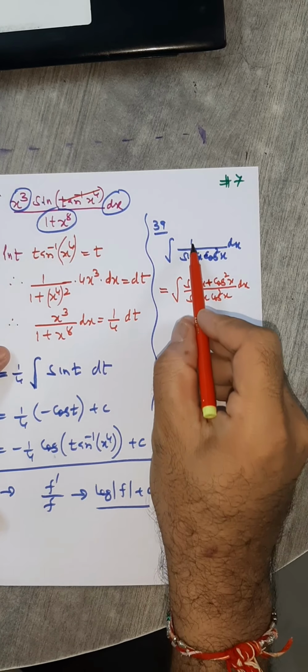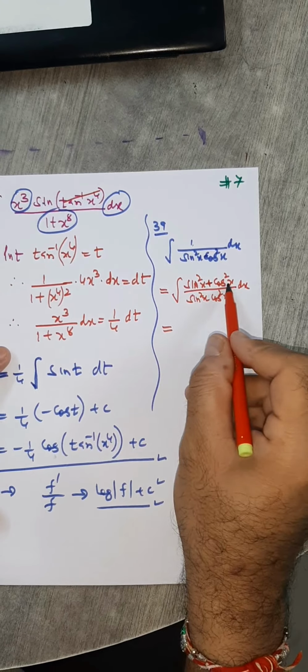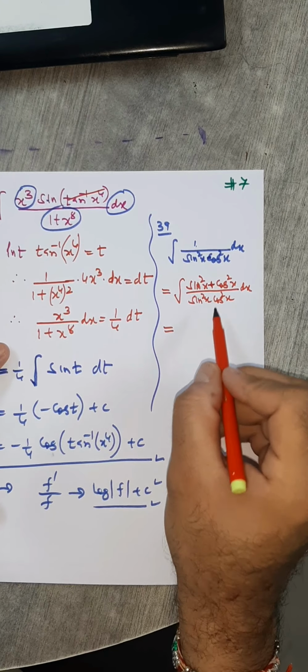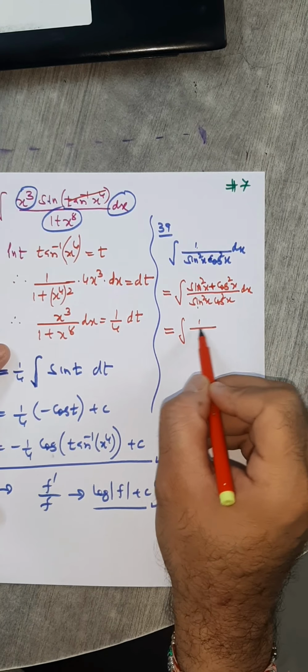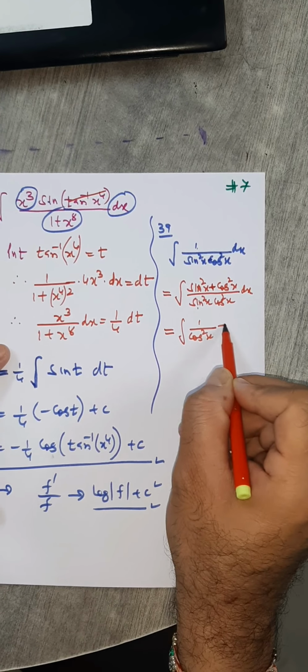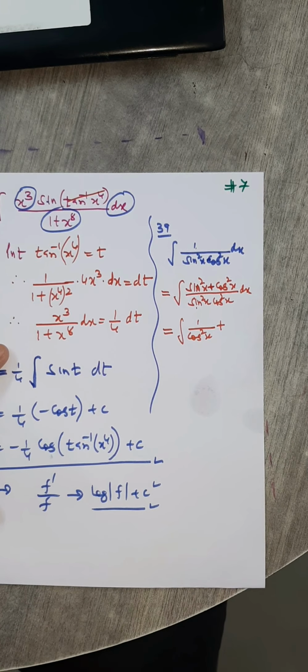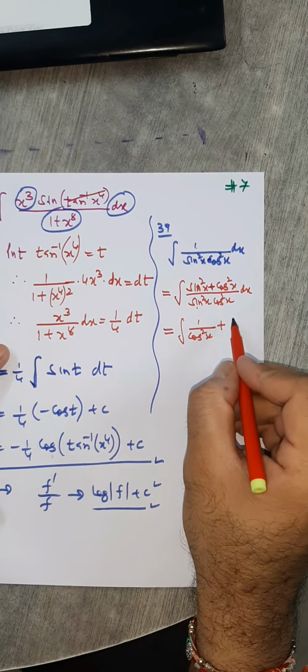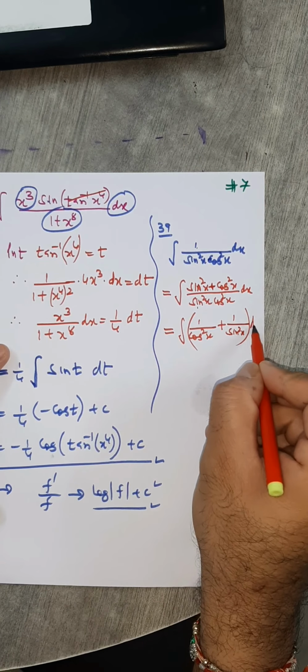What I did was, in place of 1 I wrote sine square plus cos square. Now your single term becomes two terms, so individual division. This upon this, sine square will get cancelled, 1 upon cos square, plus cos square will get cancelled, so we get 1 upon sine square, the whole dx.